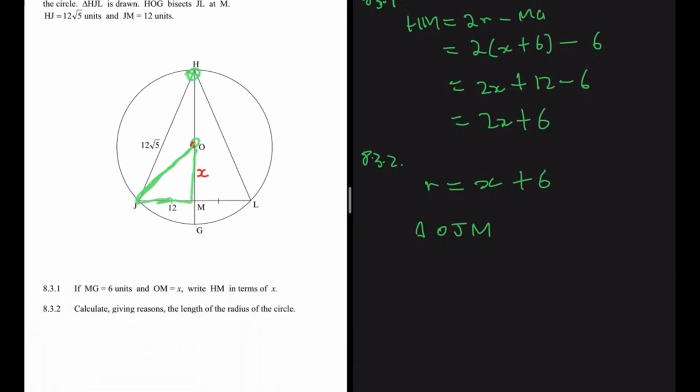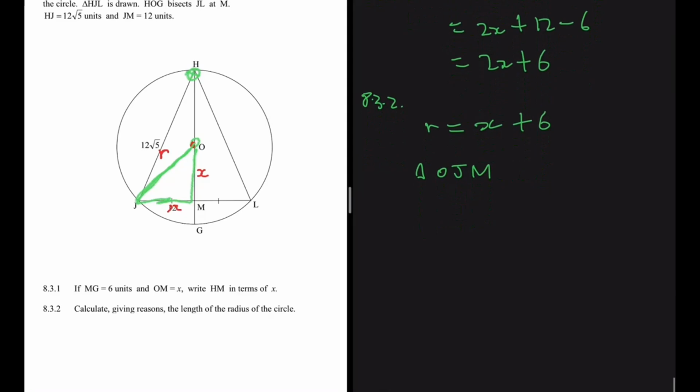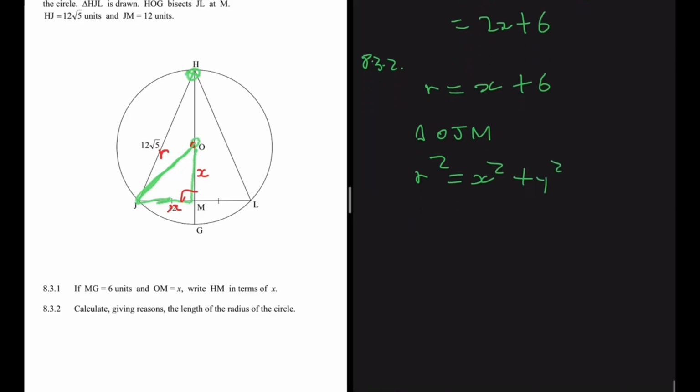We have the radius of triangle OJM, which is equal to the radius of the circle. So that will be x plus 6, and then we have 12 as the adjacent, and then x as the opposite, right? So we know fully well that on a right angle triangle, don't forget the angle here is 90, the radius squared will be equal to x squared plus y squared, right? The other two sides.